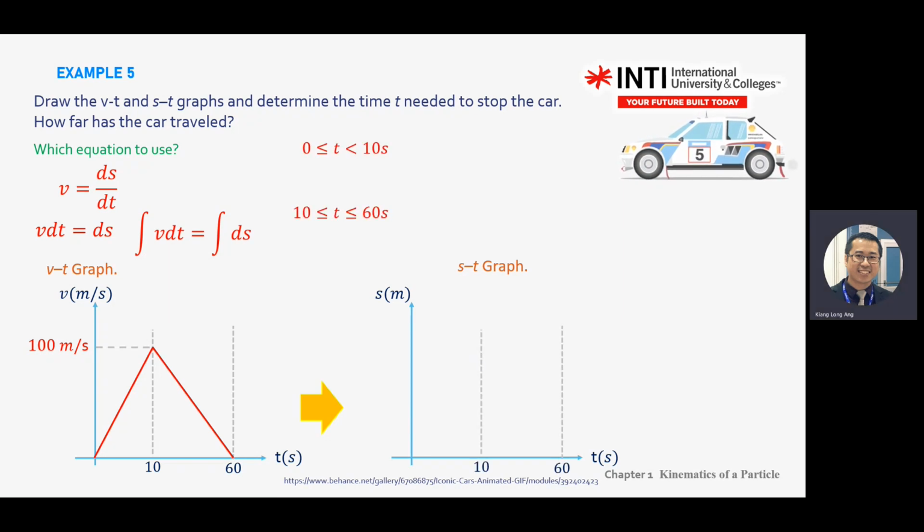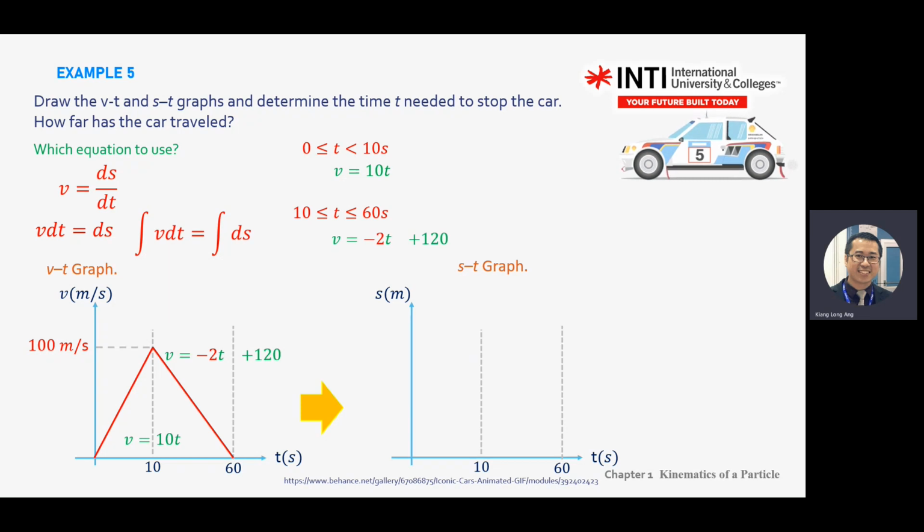Okay. So same, repeat the same process. You break your procedure into two time frames, 0 to 10, 10 to 60. No longer see t stop here because you already solved for t stop. Okay, update your graph with axis. So you know that from here to here, the equation is v equal to 10t.